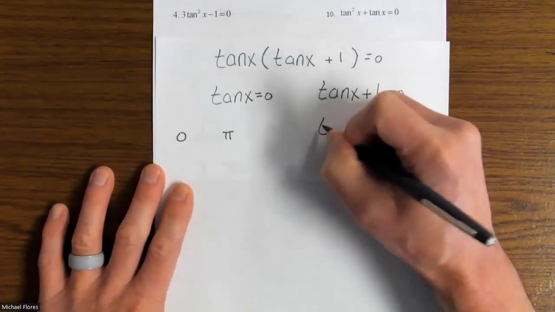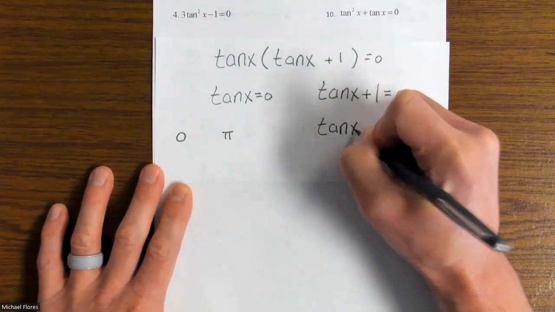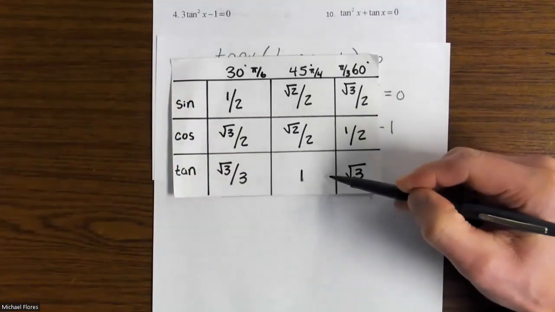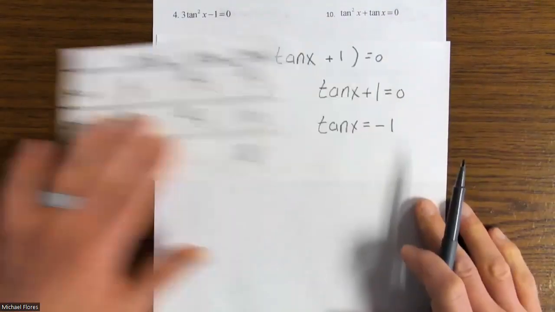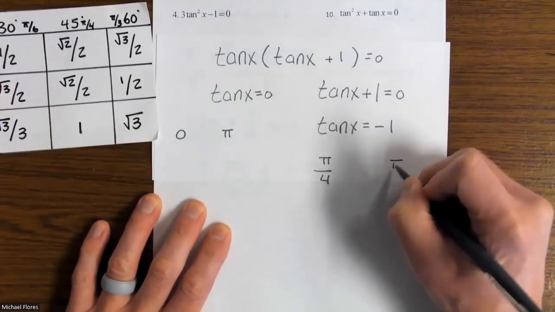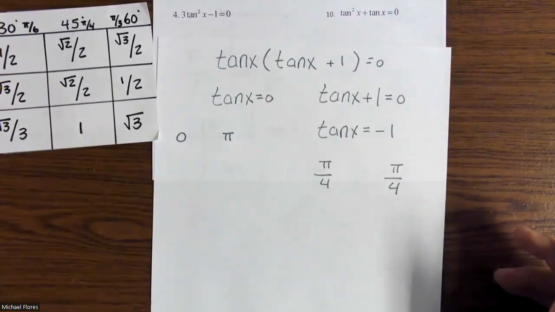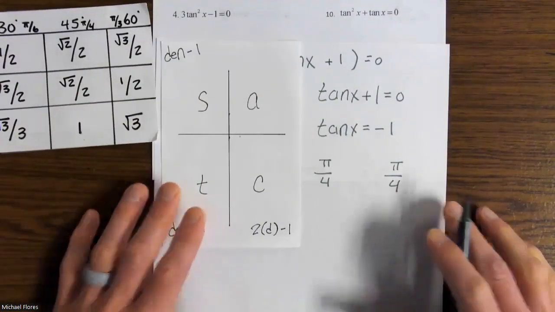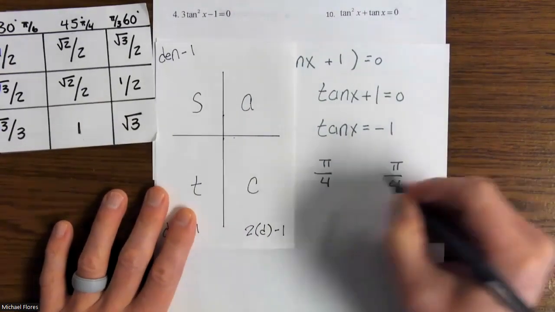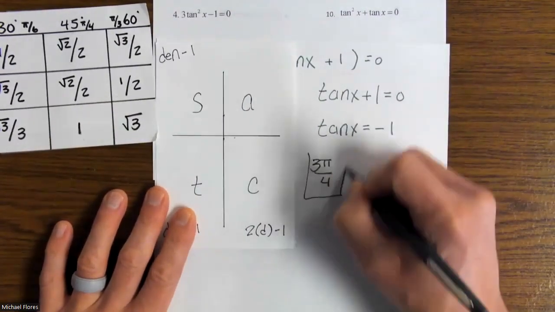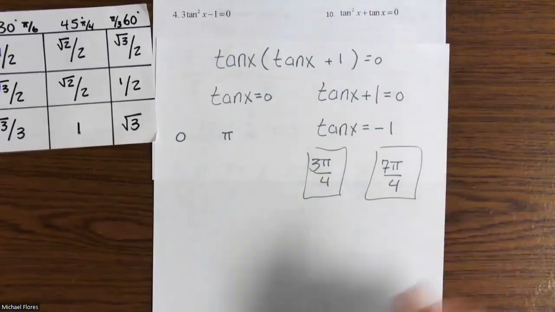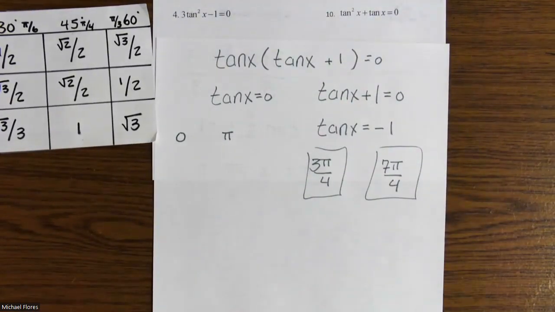Here we have to first subtract the 1 from both sides of the equation. Tangent is 1 in the pi over 4 column. And we need our tangent value to be negative. So that's going to take care of quadrant 2 and quadrant 4. Those are all your answers for this example.